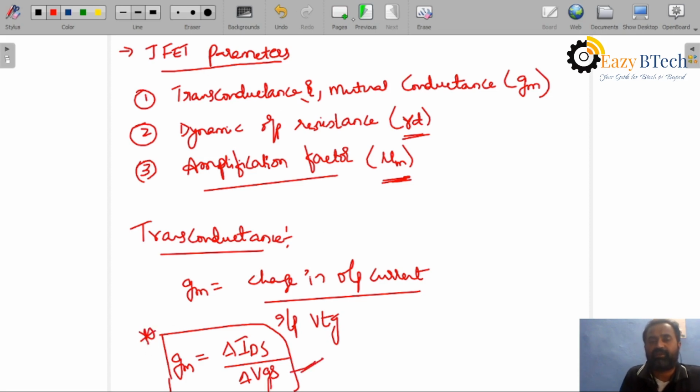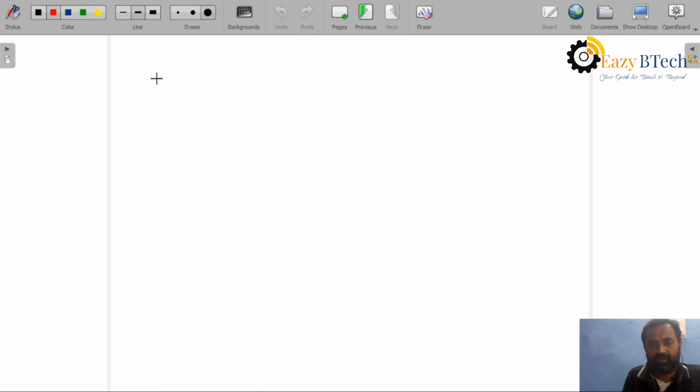Okay, from the graph you can see this is the output characteristics.